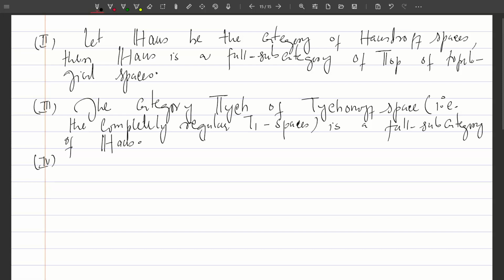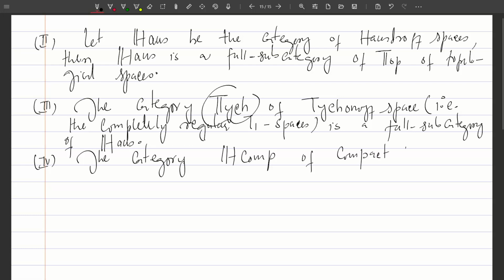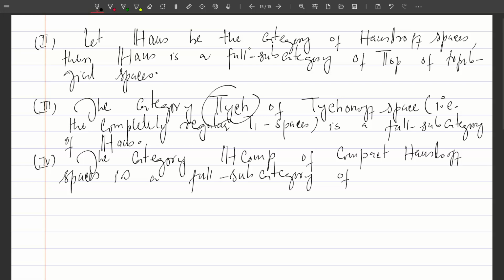Similarly, the category of compact Hausdorff spaces, let us call this HCOM, is again a full subcategory of TYCH.